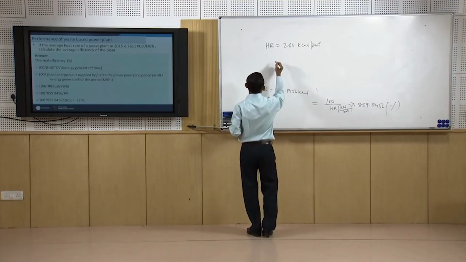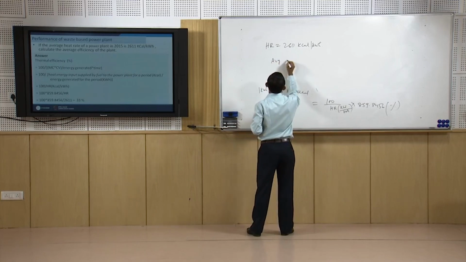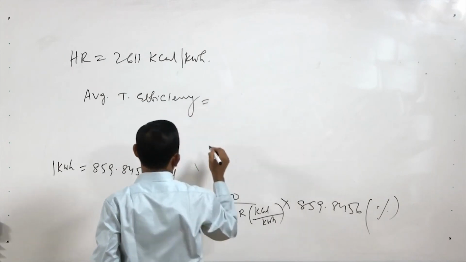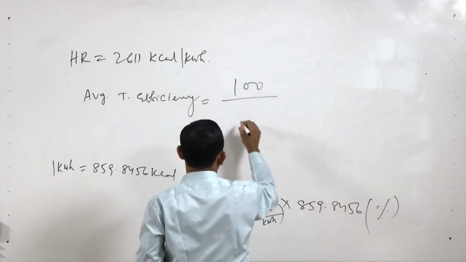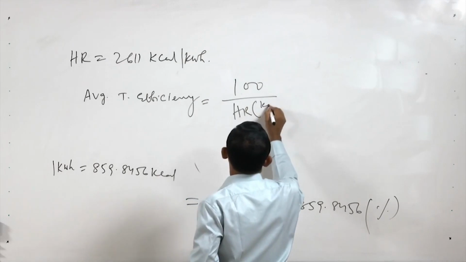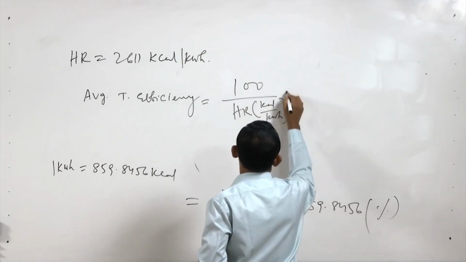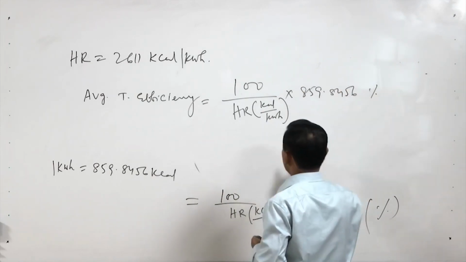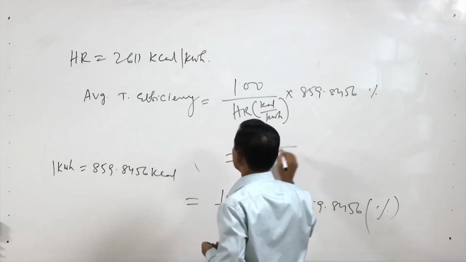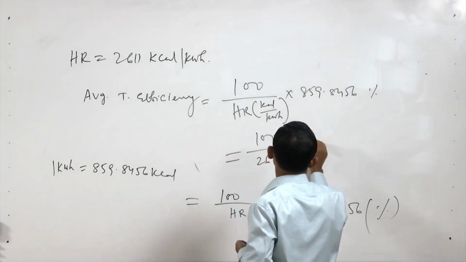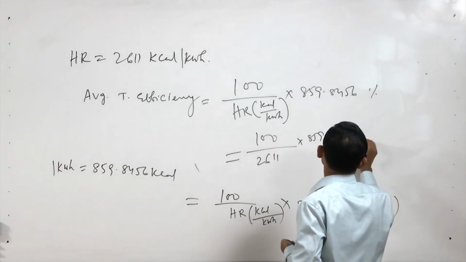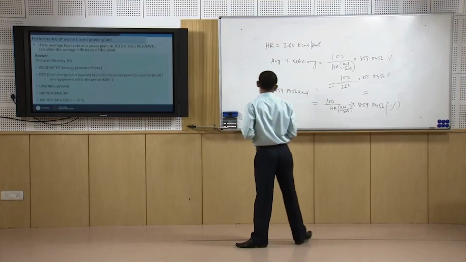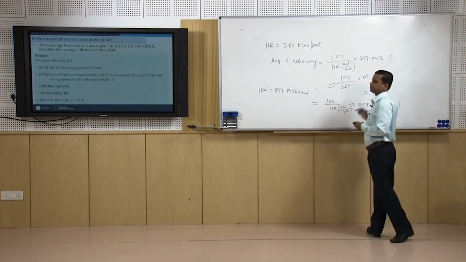So, average thermal efficiency is equal to 100 divided by HR in kilocalorie per kilowatt hour, into 859.8456, in percentage. In this case, 100 divided by 2611 into 859.8456 percentage. So, that is equal to around 33%.